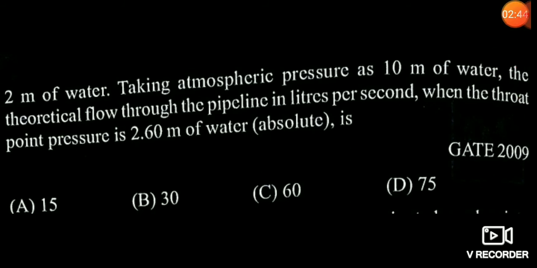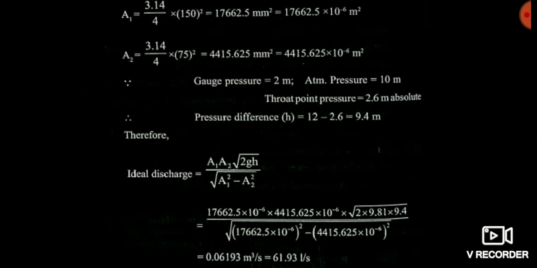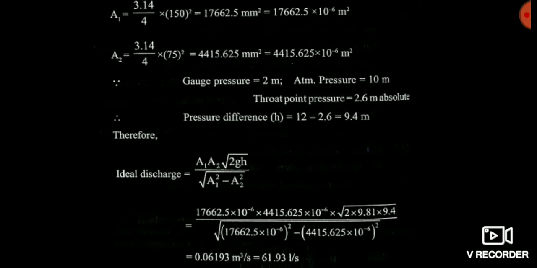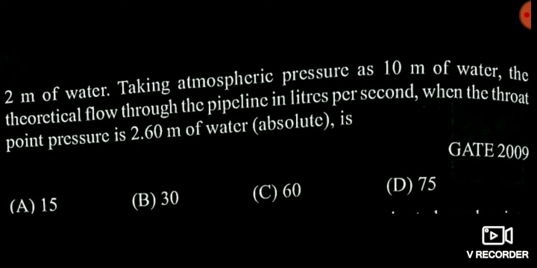Taking the atmospheric pressure as 10 meter of water, find the theoretical flow through the pipeline in liter per second when the throat point pressure is 2.6 meter of water.